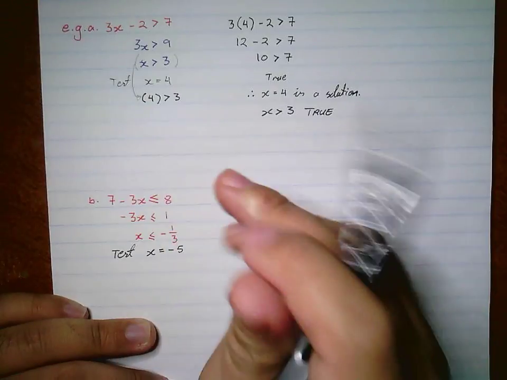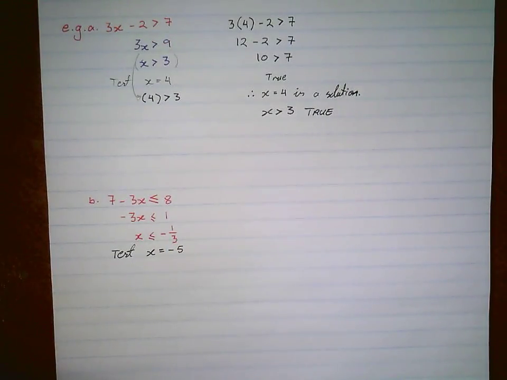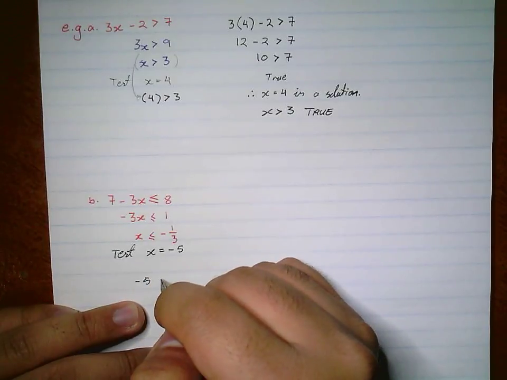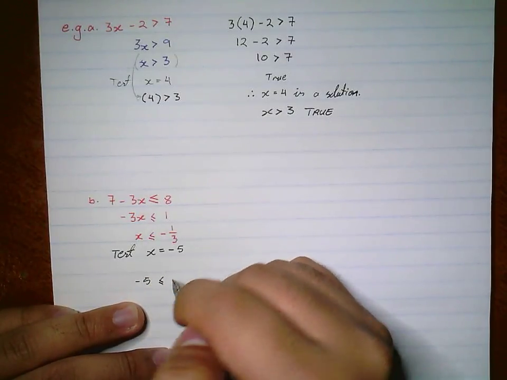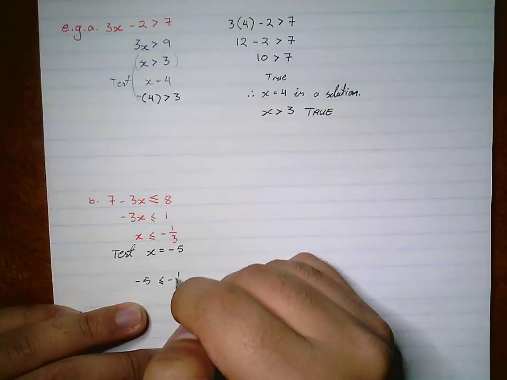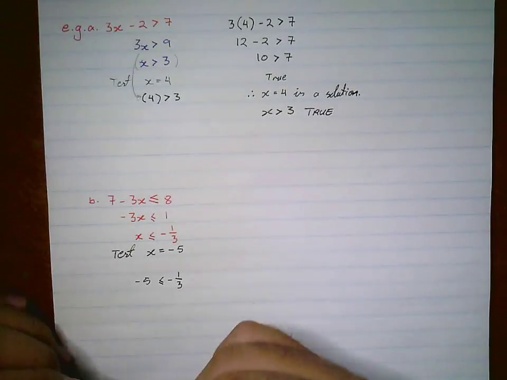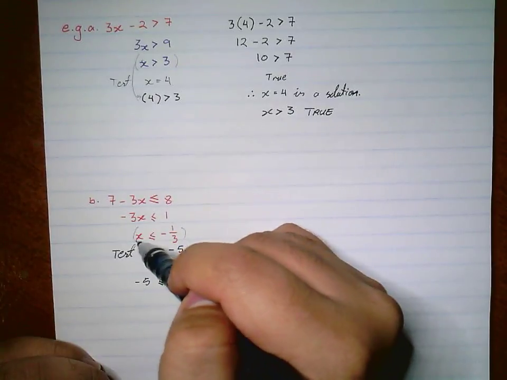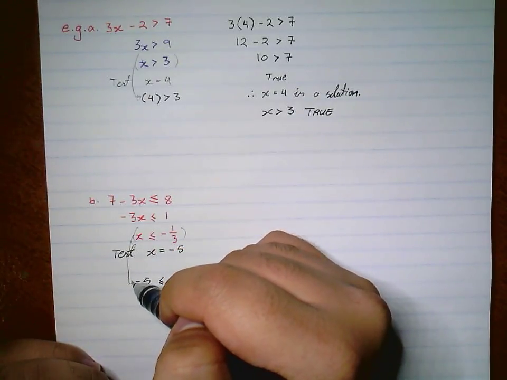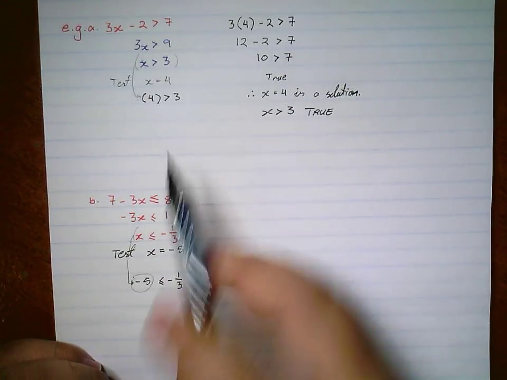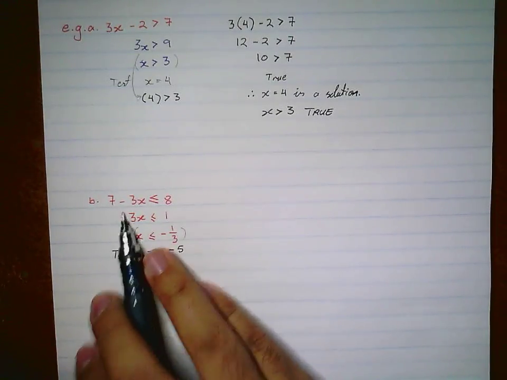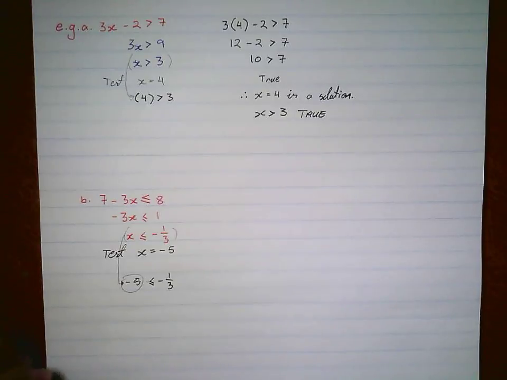Let's test this. Okay, just to test it, I'll show you. Negative 5 is indeed less than or equal to negative 1/3. Okay, and once again, where this comes from is here. So I'm picking a number to test, negative 5. I'm going to substitute this back into my original equation.